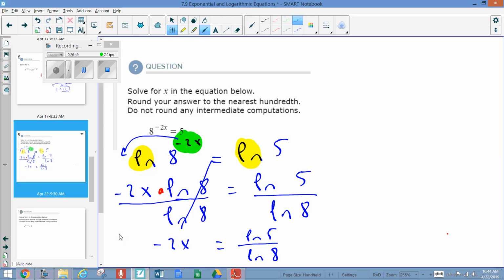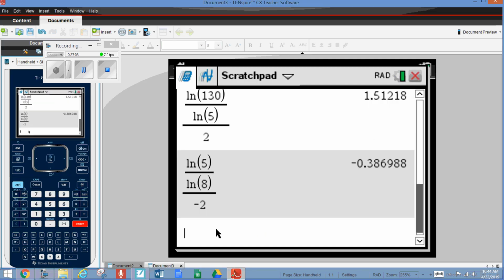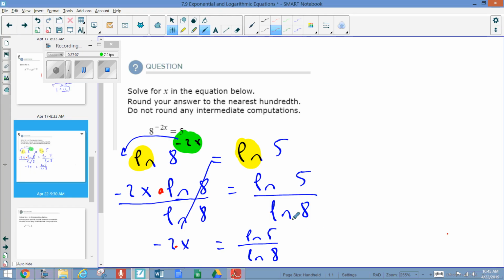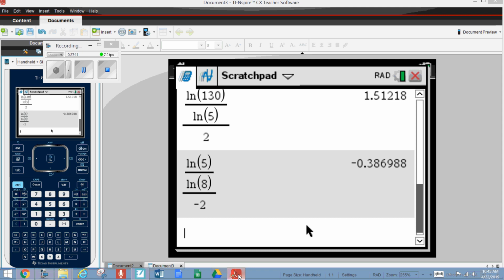I'm not going to hit enter. Before then, what should I do? Divide by negative 2, right? Since this is multiplication, divide by negative 2. So this is going to be downstairs, 0.3.